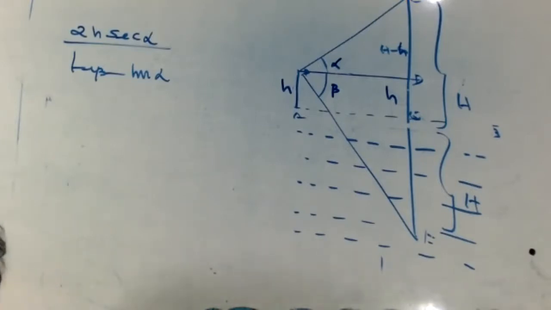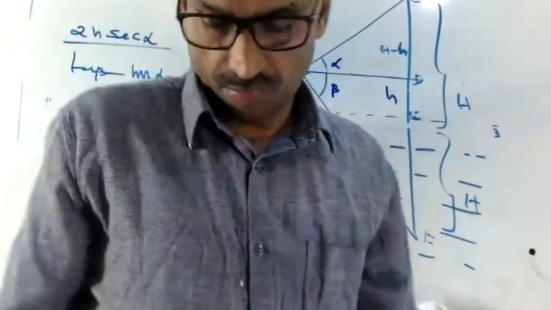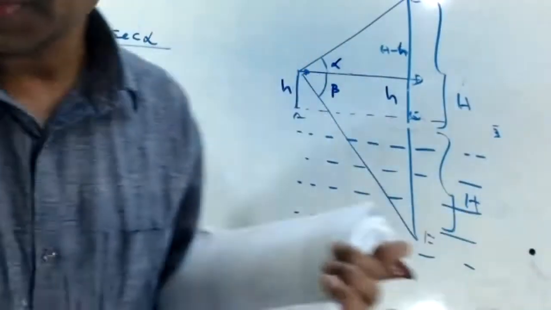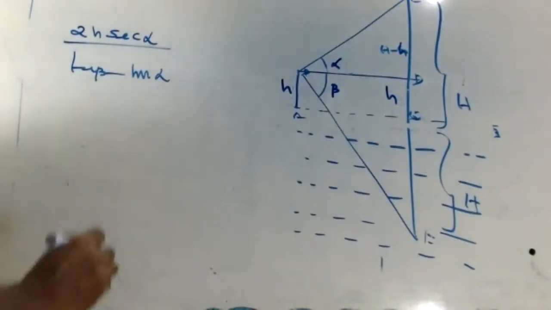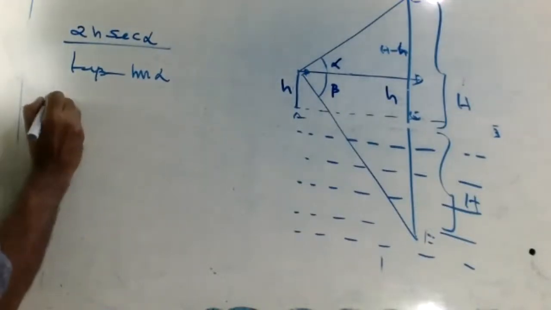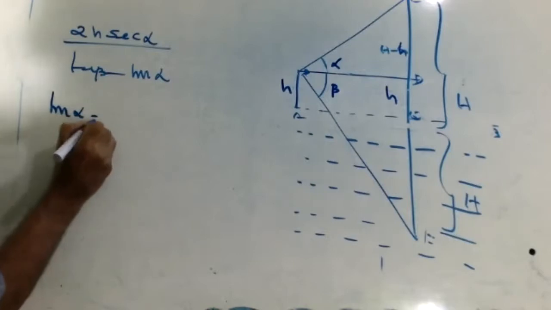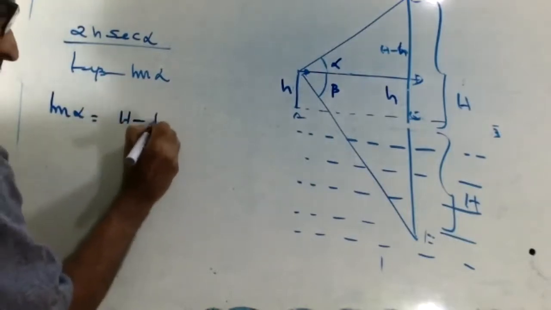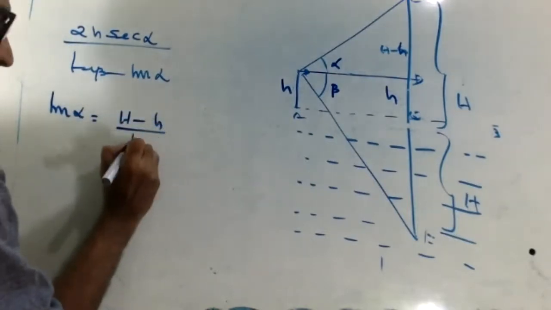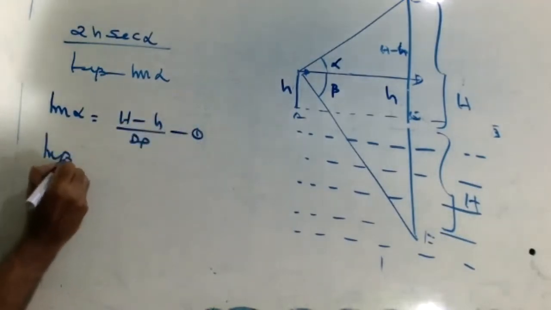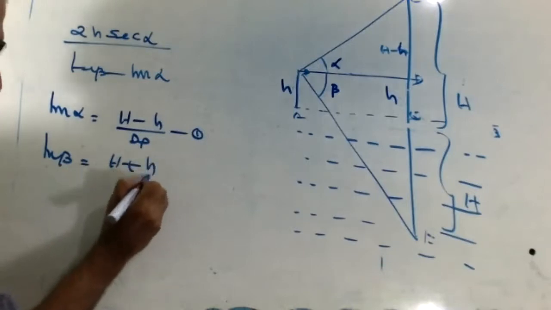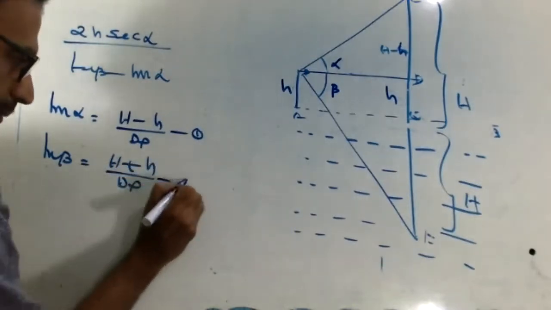Okay, look here. Now, listen. First of all, same as before: tan alpha equals (H minus h) by DP, number one. Tan beta equals (H plus h) by DP, number two.